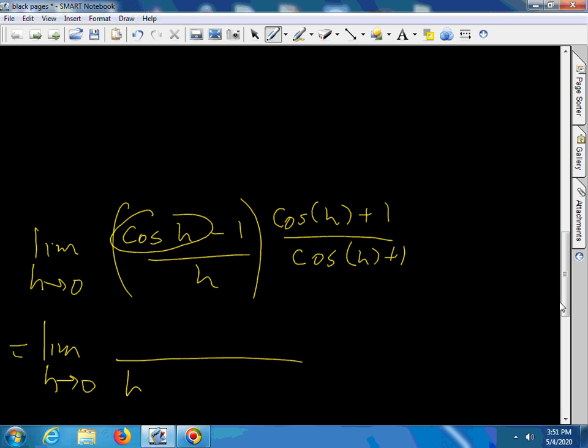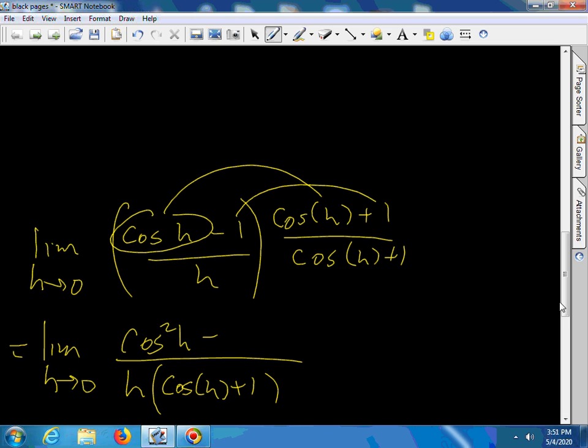In the bottom, I'm going to have h times the cosine of h plus 1. And in the top, I'm going to have cosine squared h minus 1 squared. But that's sine squared. Remember, sine squared plus cosine squared is 1. If I switch these two, I get that cosine squared minus 1 is negative sine squared.